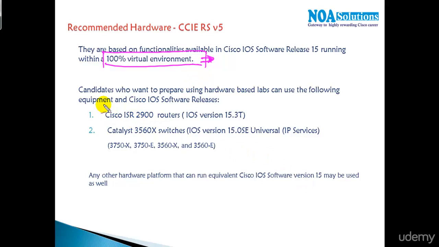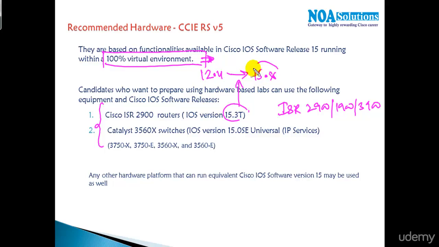The recommended platform by Cisco is ISR G2 routers, that is 2900, or it can be 1900 series or 3900 series, which come by default with the 15.x IOS versions, the next release after 12.4. So you'll be using the latest 15.x IOS versions in your CCIE exams.